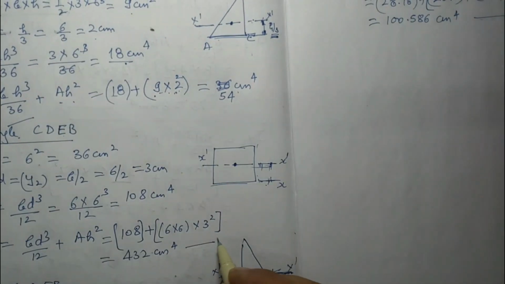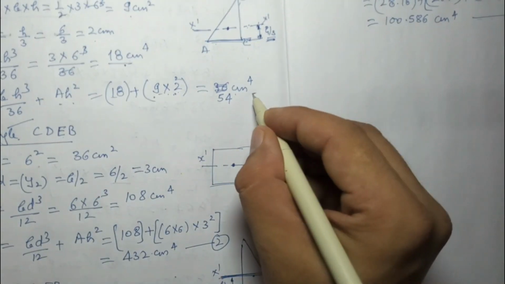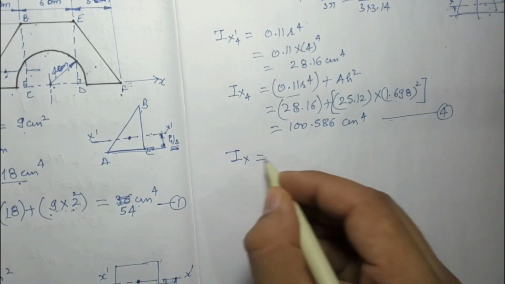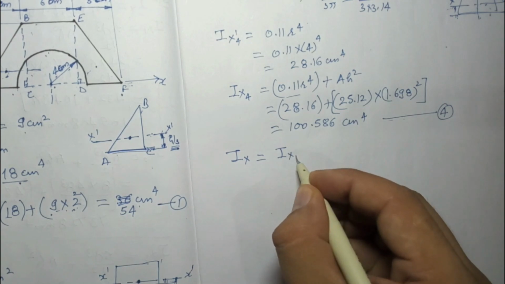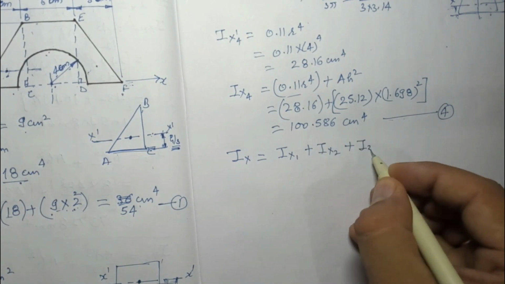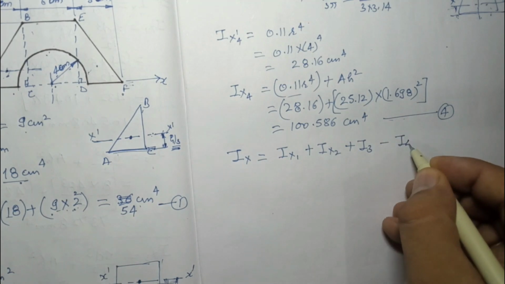This is the third, this is the second, and this is the first. So the moment of inertia about this axis equals moment of inertia of 1 plus moment of inertia of 2 plus moment of inertia of 3 minus moment of inertia of 4.